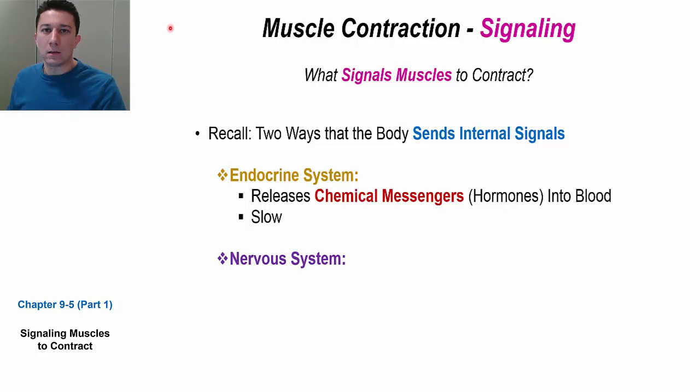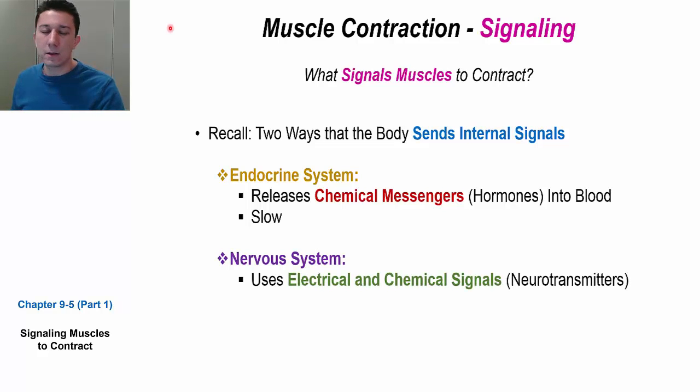And then we also had the nervous system. Recall that the nervous system uses specialized cells called neurons to create electrical and chemical signals. Electrical signals travel very rapidly across the neuron, and that electrical signal results in the release of a chemical signal called a neurotransmitter. This is very fast.